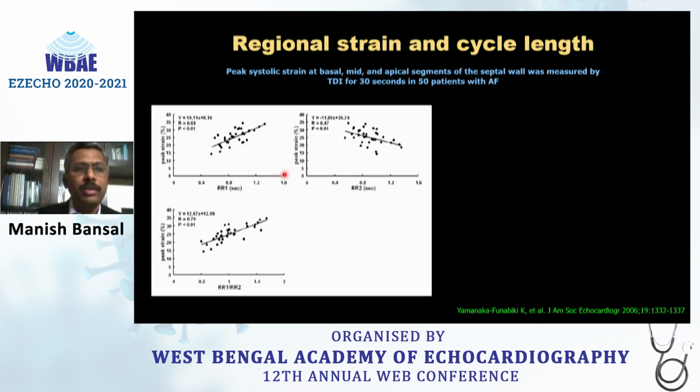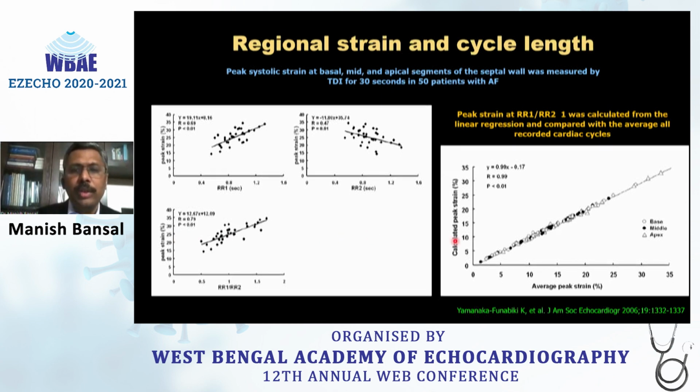What they found was that increasing RR1 was associated with better strain, because longer RR1, better systolic function. And when the ratio of RR1 to RR2 also increased, strain increased with that. So basically, longer RR1 was associated with better strain.